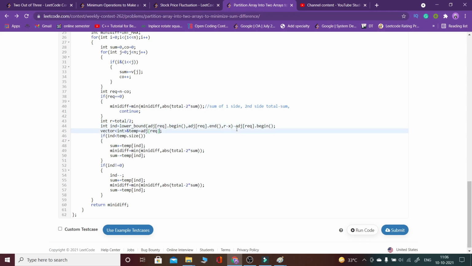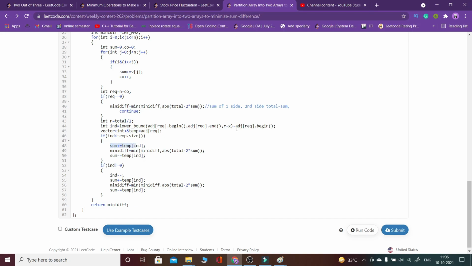So I found that element, and I have put this condition. I have stored adj of the required size into another vector so that I can easily denote it.